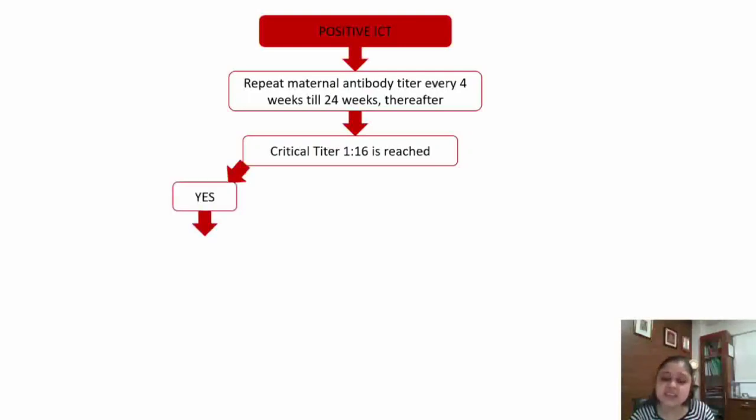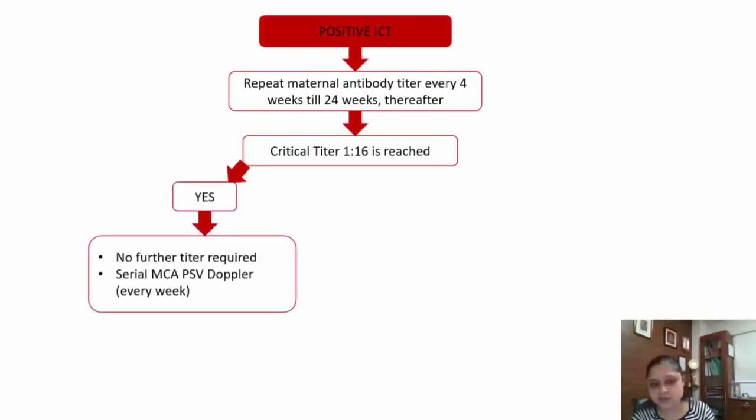If this titer is achieved, what are we supposed to do? Then we will not monitor the titer further; rather we are going to monitor the fetal growth more meticulously. We are going to do the serial middle cerebral artery peak systolic velocity Doppler every week.